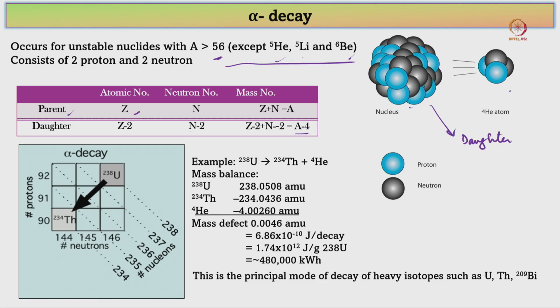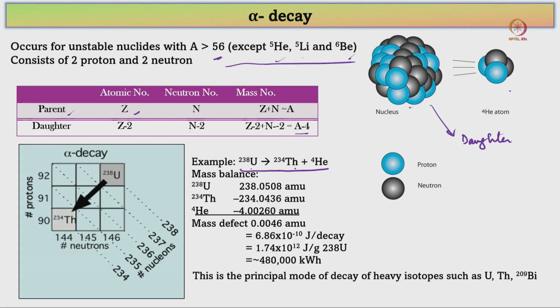So, the decay is: 238 uranium forms 234 thorium plus 4 helium, right.